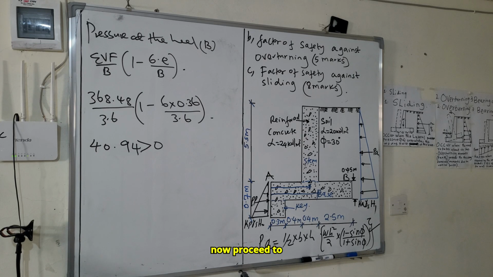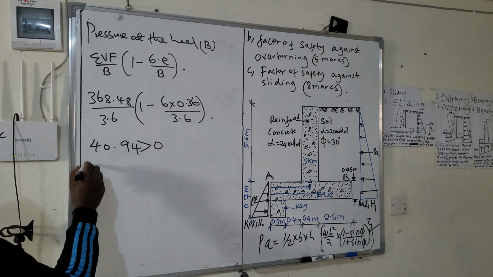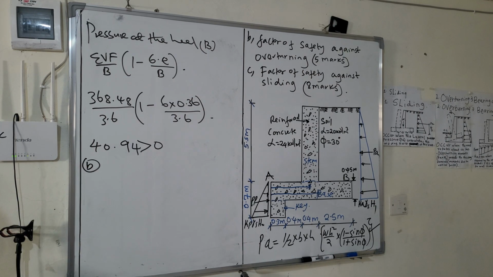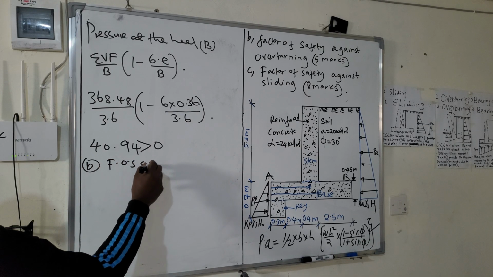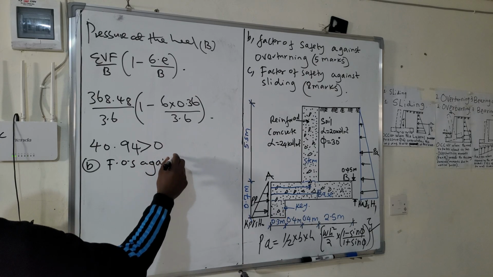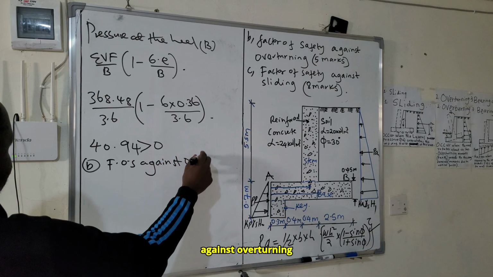We now proceed to Roman B, or number B, which is the factor of safety against overturning.